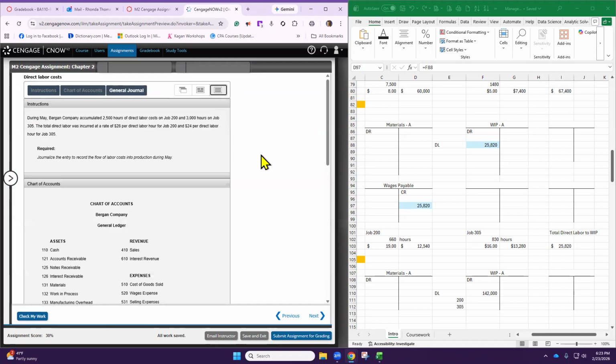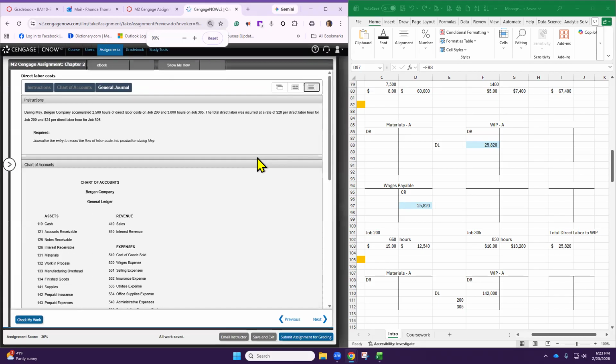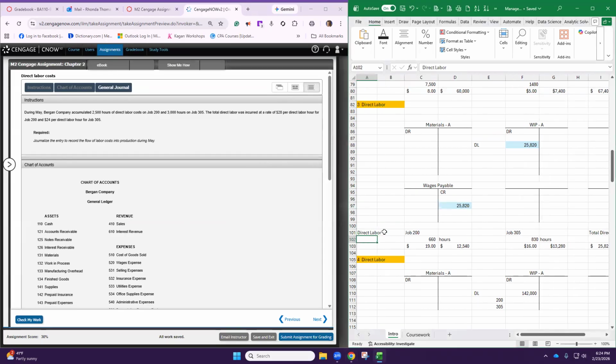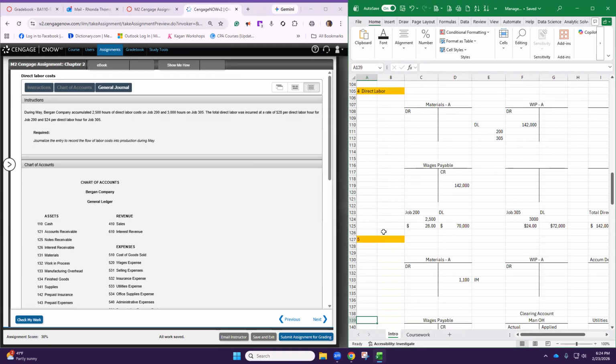Now we need to figure up the hours for this one. So we're down here now, job 200 and job 305, still using the same job numbers. That is very nice, so you don't have to switch back and forth.